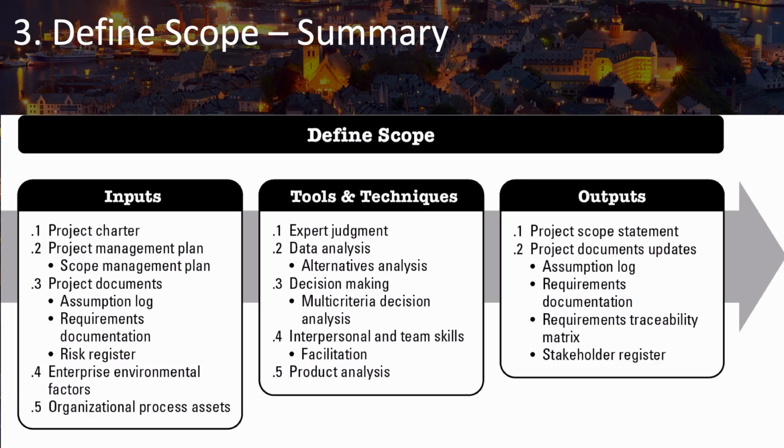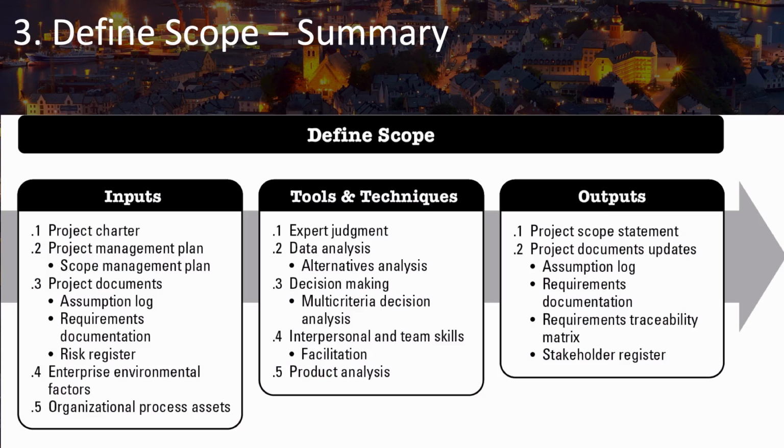Now, finally, take a look at the tools and techniques. As always, expert judgment is there. Again, quite common is alternatives analysis, because you've got a lot of alternatives to consider and you'll need to make a decision on those. So decision making is there, which would include voting as well as multi-criteria decision analysis.